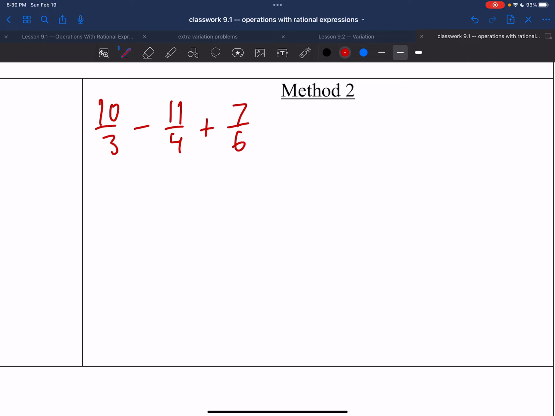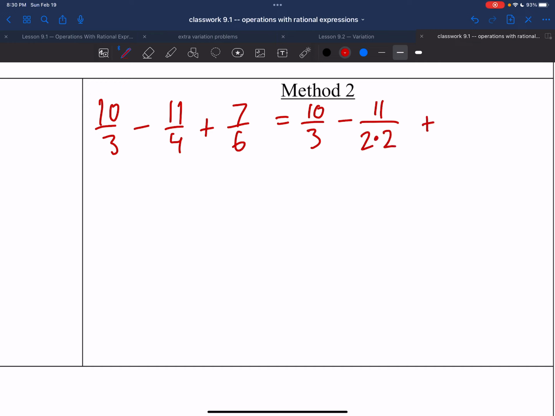To find your least common denominator, and this is true for how we're going to do it in algebra, you have to factor every denominator. So I'm going to look at 10 over 3 is prime, so 3 is fully factored, minus 11 over 4 is 2 times 2.